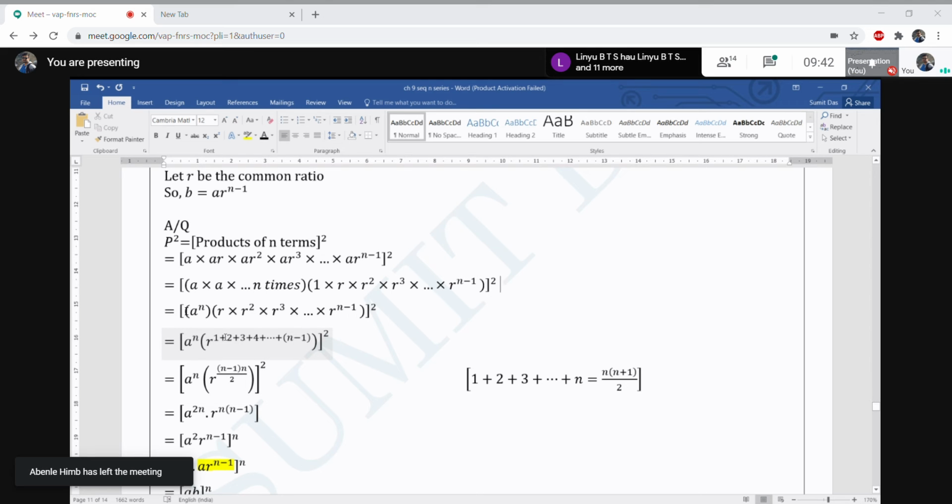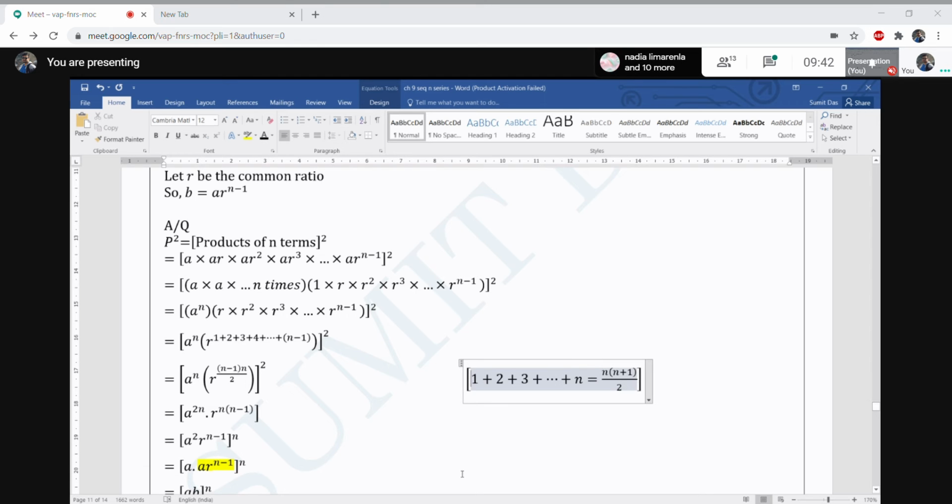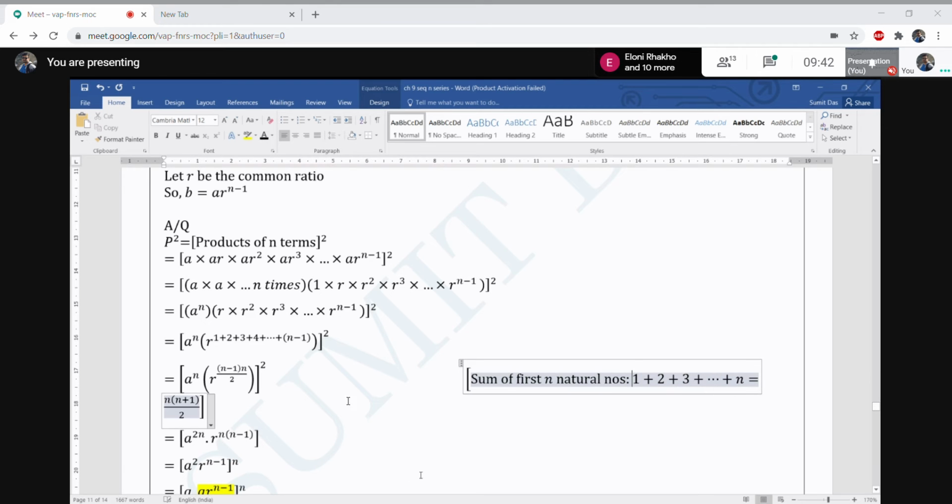The Sn formula is n by 2 into 2a plus n minus 1 into d. Or you can use the formula for the sum of the first n natural numbers.